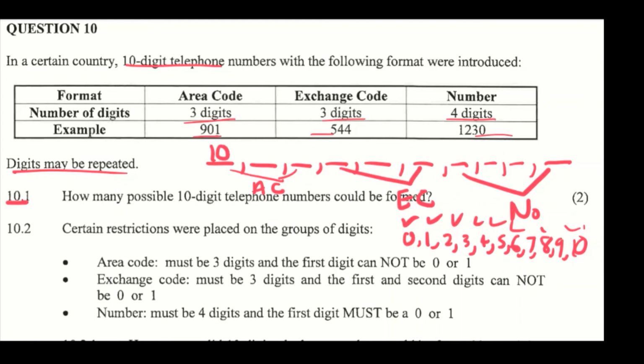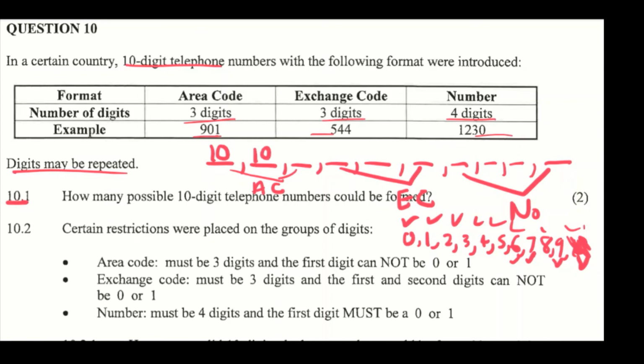Why is it 10? Because you have 10 options to choose from. You can choose 0, you can choose 1, you can choose 2, all the way up to 9 actually. So it's 10. You have 10 ways of choosing, and then for the second digit of the area code, how many options do you have?